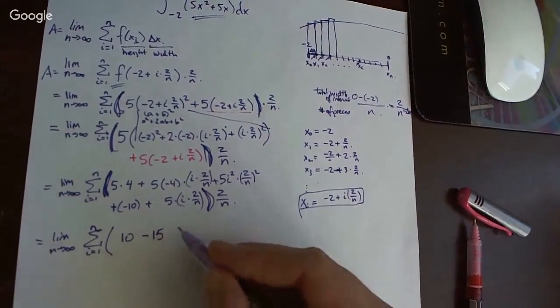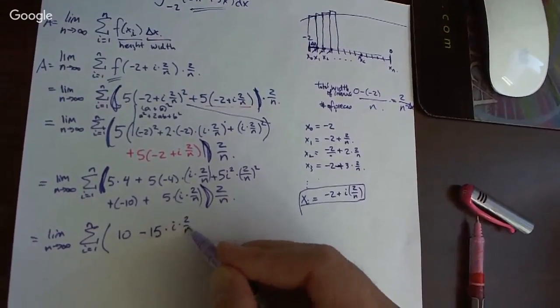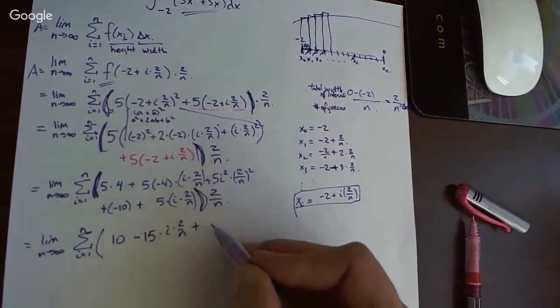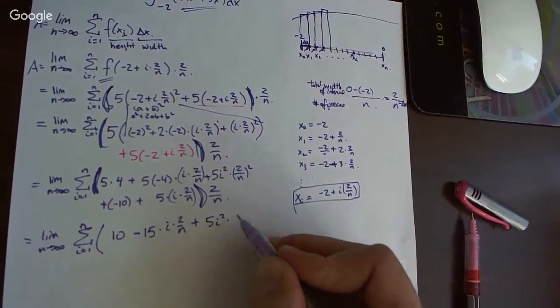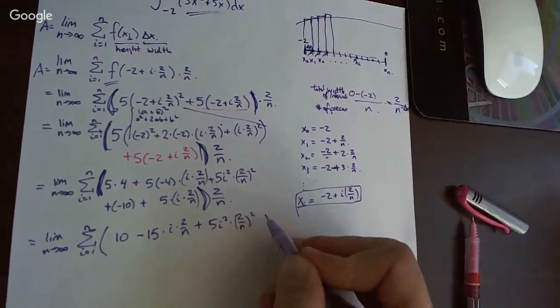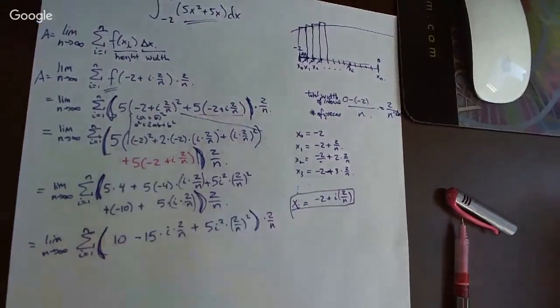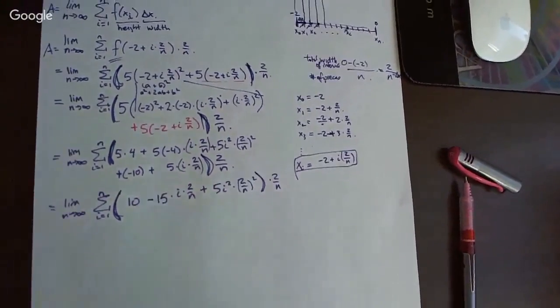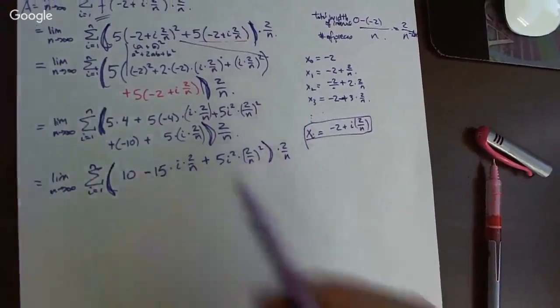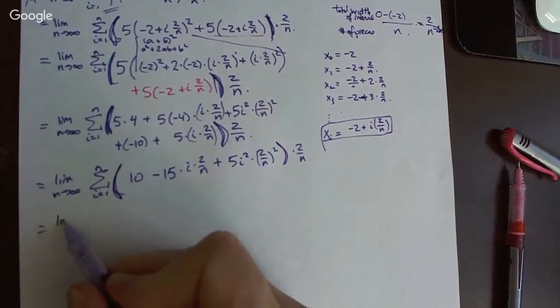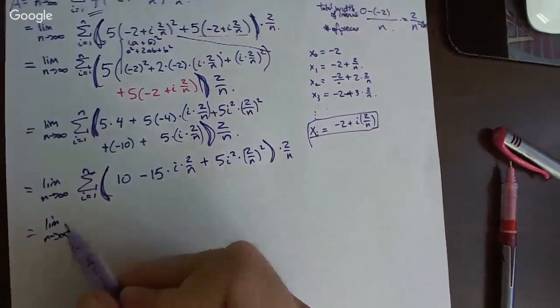So 10 minus 15 times i times 2 over n plus this 5i squared times 2 over n squared. Everything times 2 over n. All right, so now I'm going to bring in the 2 over n. The limit as n goes to infinity.